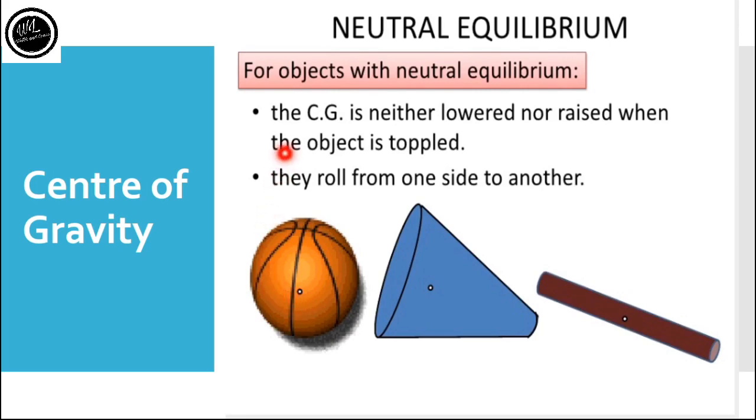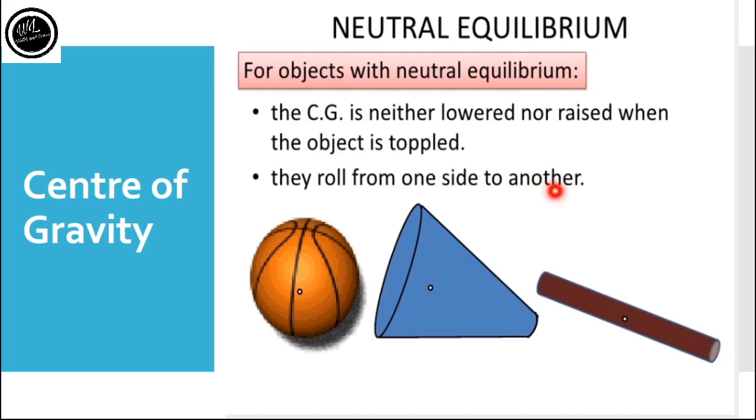In this, the center of gravity is at the same height irrespective of its new position. Or we can say the center of gravity is neither lowered nor raised when the body is toppled. The neutral objects just roll from one side to another.